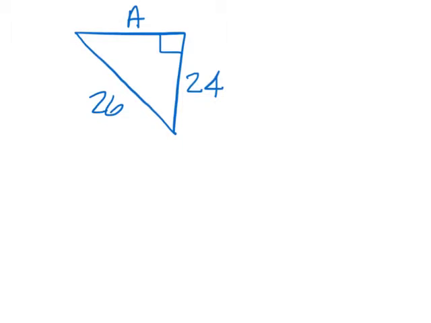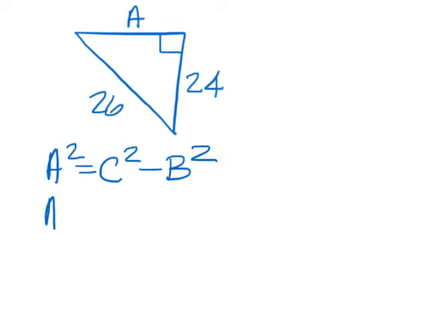Solution for the practice problem. Remember the shortcut formula. It is A squared equals C squared minus B squared. A squared we don't know, but we do know C squared to be 26 squared, and B squared is 24 squared.